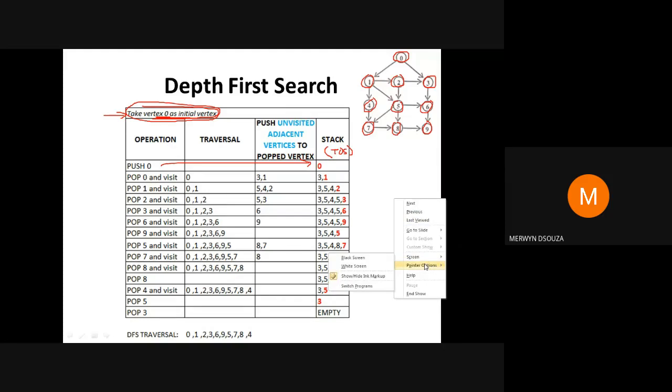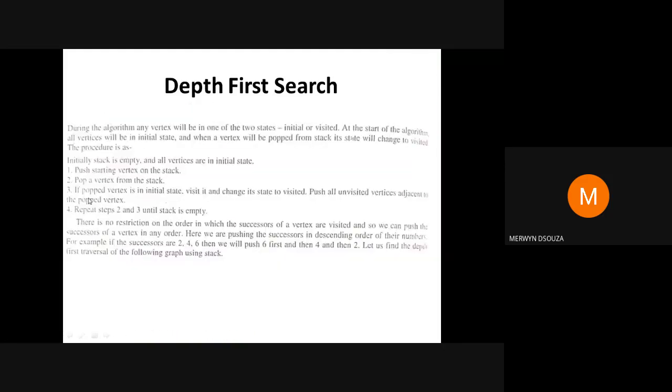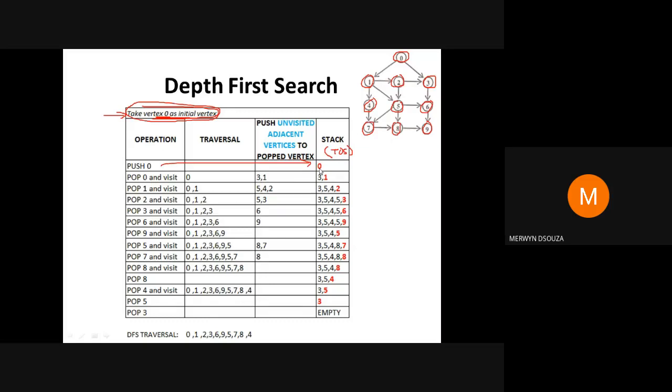Once we have pushed the first element on the stack, the second step is to pop the vertex from the stack. Only one value is there, so we pop it and visit. Once we pop a value, we visit. Visit means putting it in the answer, in the traversal. Next is to find the adjacent values. The important thing is unvisited adjacent values.